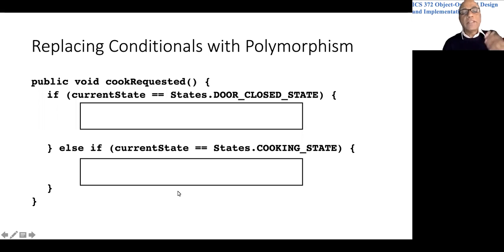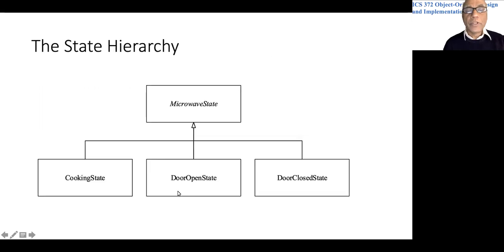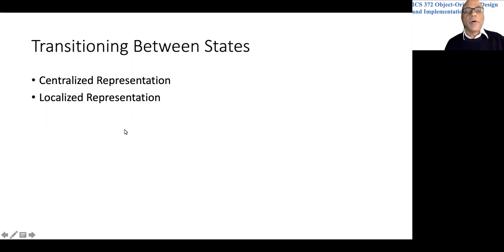So that would be the third state. So we create three states using the refactoring rule of replacing conditionals with polymorphism, and we will have a superclass, an abstract class, microwave state, set up like this. Now, we will see the code a bit later.